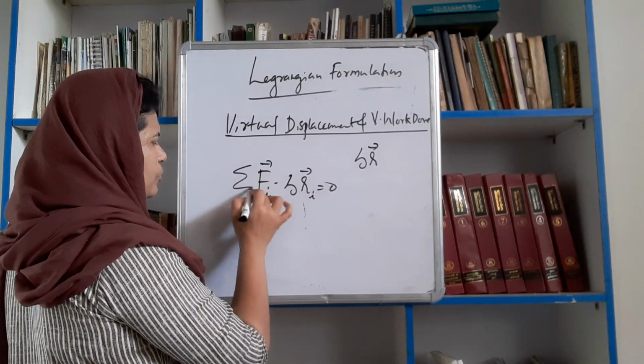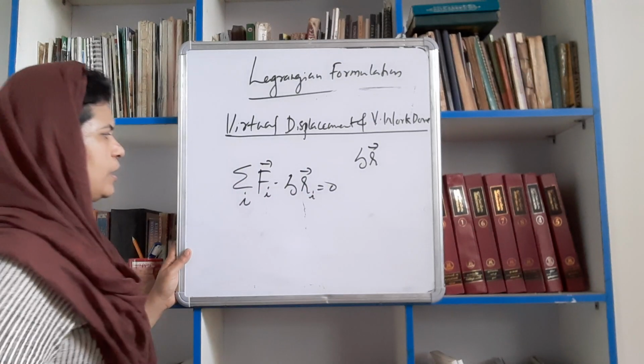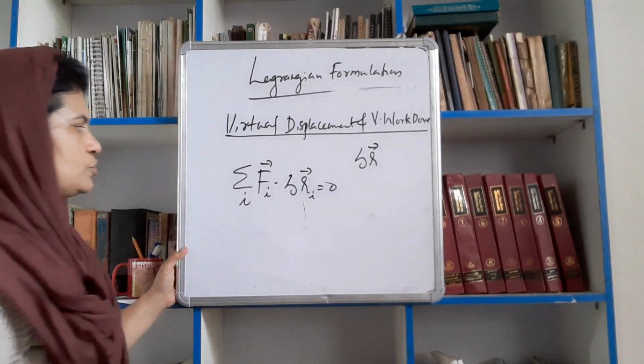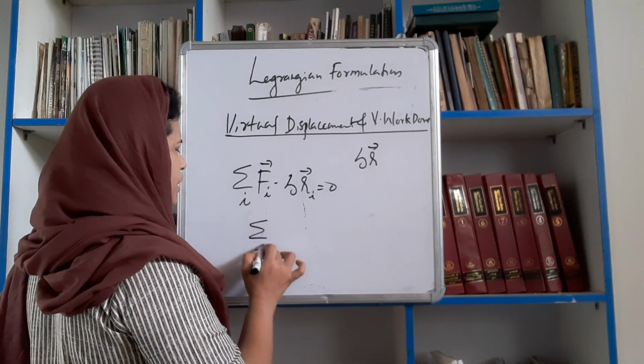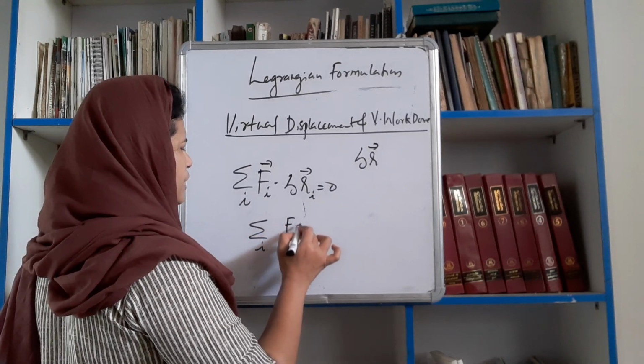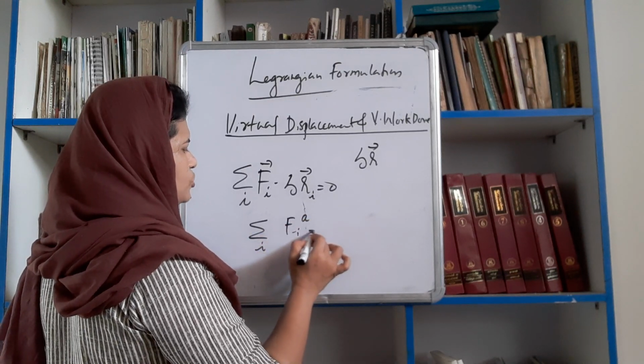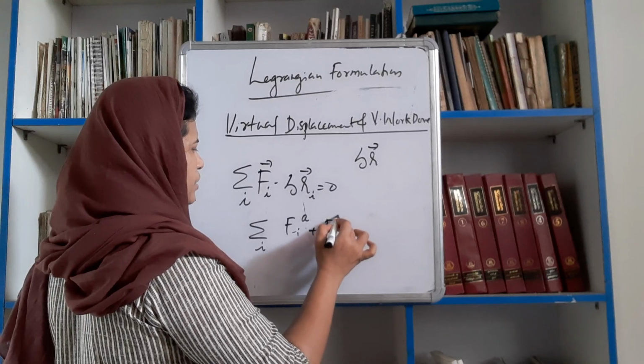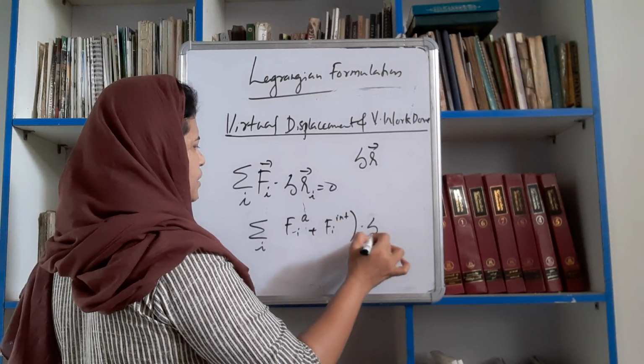For the total number of particles in a system, sigma i Fi dot delta ri is equal to 0, or sigma i of Fi applied, that is the external force, plus Fi internal, dot delta ri is equal to 0.